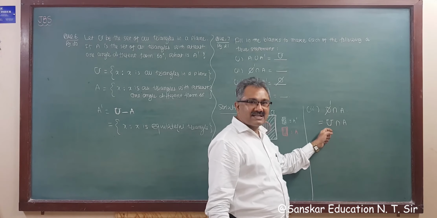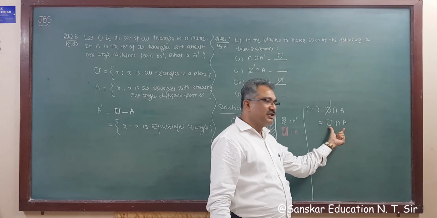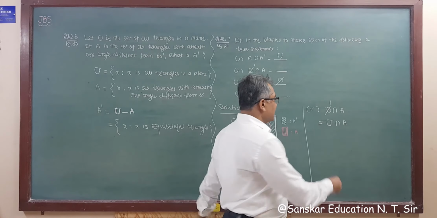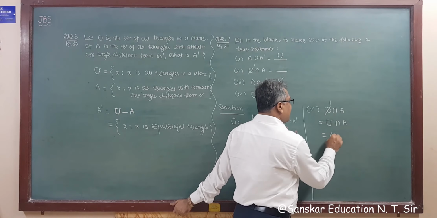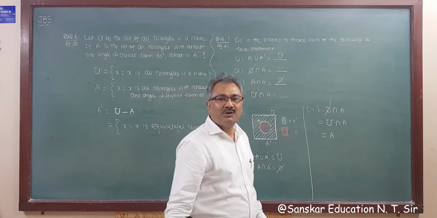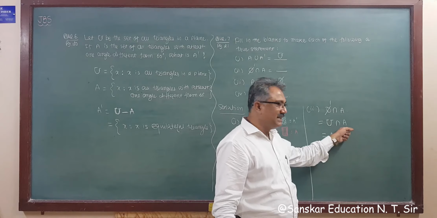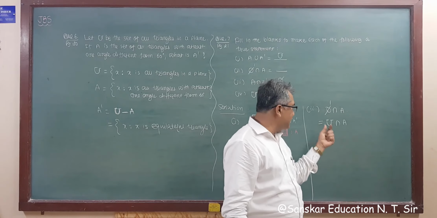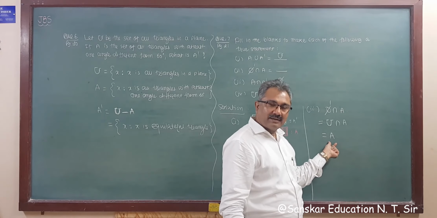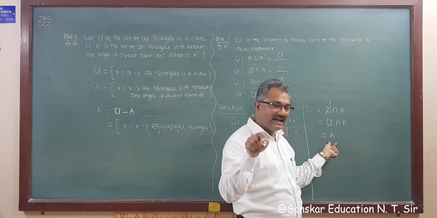U is the universal set, so the intersection of these two is A, the smaller set. So the answer is A. It means the intersection of any set with the universal set is that set itself, here A.